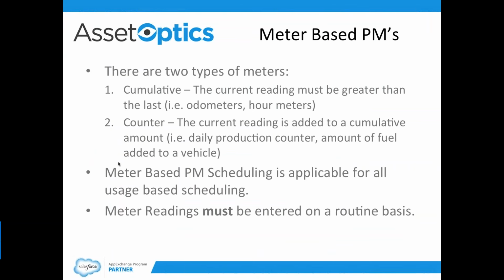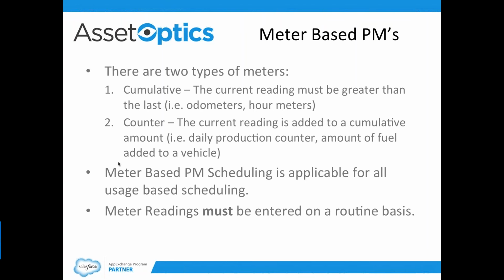A couple of things to take into consideration. There are two different types of meters that you can utilize in AssetOptics. There's something called a cumulative meter and a counter. The cumulative meter is a meter where the meter readings that are being entered have to be greater than the last meter reading, because you're moving forward in time, in distance, okay?